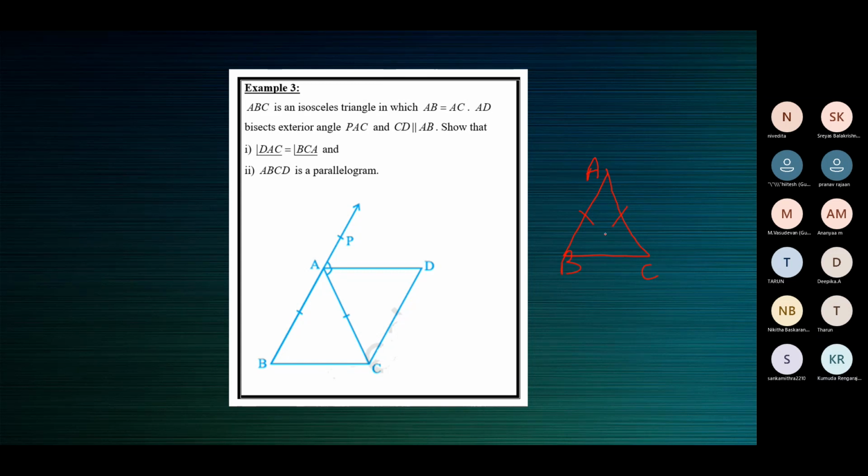AD bisects exterior angle PAC. Now I don't know which direction to take AD, but the figure is given, children. I'm just trying to explain the figure. If the figure is not given, the information will be less clear because you don't know which direction AD is.